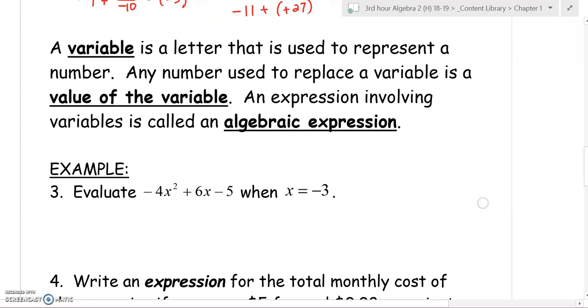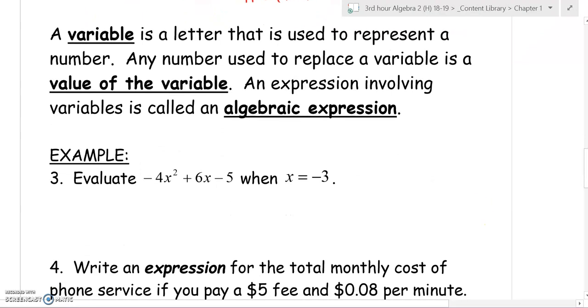Now that we know about numerical expressions, we can talk about variables and algebraic expressions. So we all know that a variable is a letter that is used to represent a number. Any number used to replace a variable is called the value of the variable. An expression involving variables is called an algebraic expression.